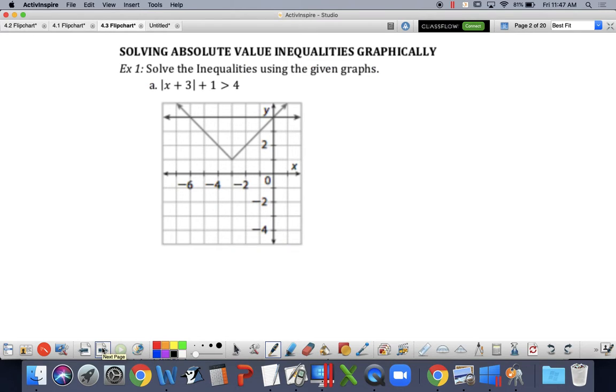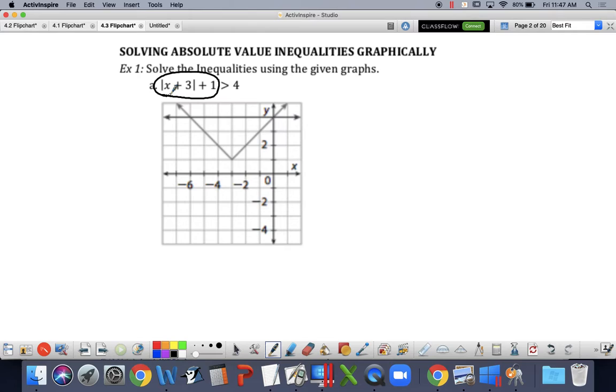So I wanted us to think about how to solve inequalities visually. If you're more of a visual person, maybe this will make a little bit more sense. So what I have here is this absolute value function graph, right? My vertex is at -3, 1. My slope is 0. So that is how I ended up with this absolute value equation here.